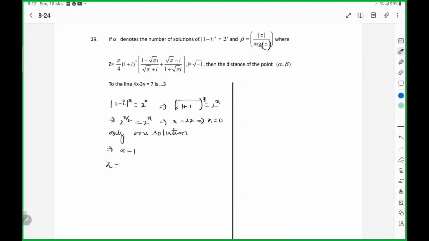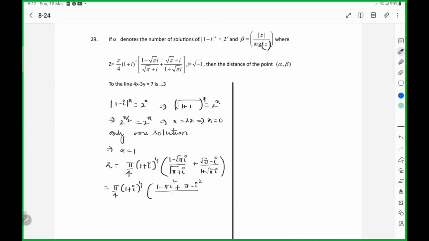So here z is root pi plus i, root pi minus i by 1 plus i whole power 4, pi minus i square by root pi plus i plus root pi i square.